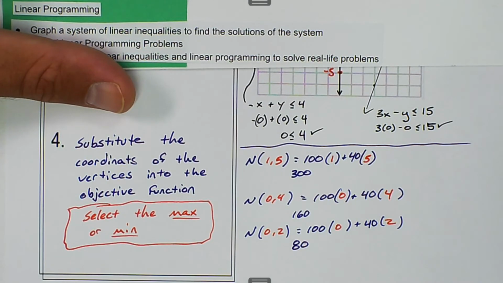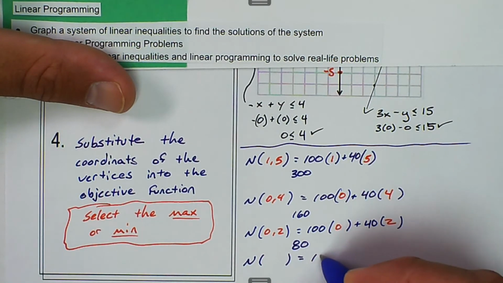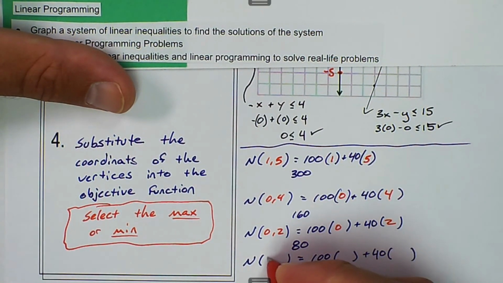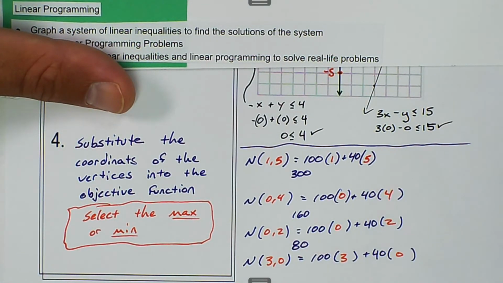And we have 3 more to check. So the function N evaluated at 3, 0, and we get 300.